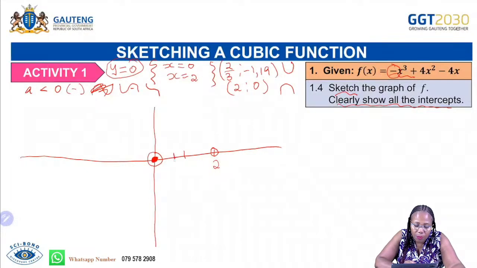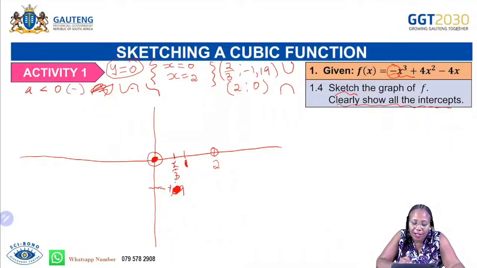That means it's somewhere here, 2/3 before 1. That means that 1 is not an intercept, it's a turning point. It turns at 2/3, alternating with -1,19. So you look at the alternating point for the 2. Where they meet, it is your turning point.